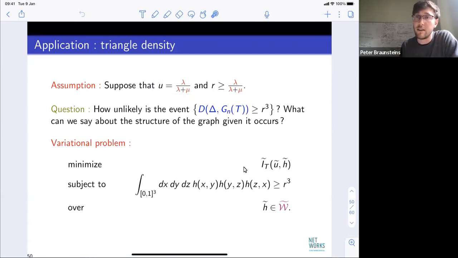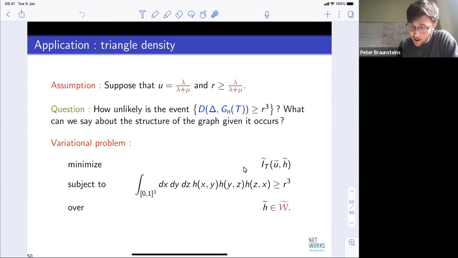This just says that we're starting from the stationary distribution of our process, a typical outcome of the stationary distribution. And R is a value that's greater than or equal to this edge probability. This is the stationary edge probability in our dynamic Erdős-Rényi random graph.